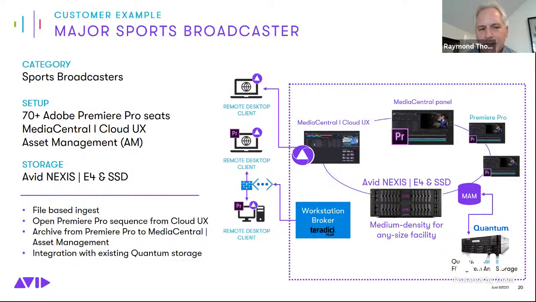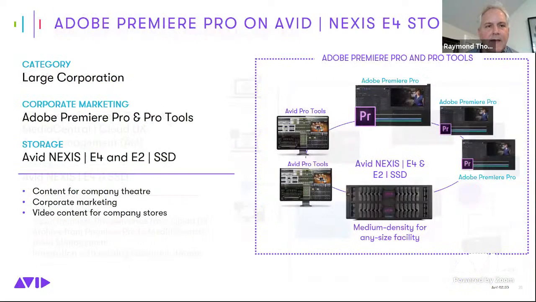And of course, MediaCentral Cloud UX supports multi-site searches, whereas editorial management is focused only on what's happening on-prem. And then you have Adobe Premiere Pro in a large corporate environment. They're using this implementation to do Pro Tools mixing, as well as create content that's available in their stores, as well as creating content for product launches inside of their own studio.